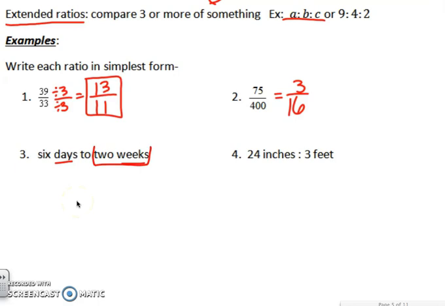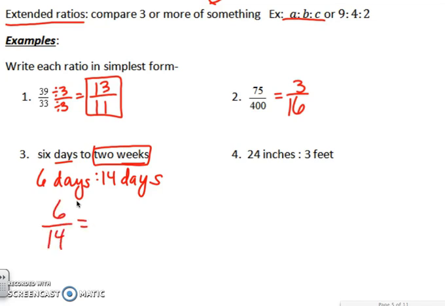We all know that 2 weeks means 14 days. So this has become 6 days to 14 days. When I put that in a fraction, 6 over 14, and divide each one by 2, I would get 3 over 7. So that's the simplest ratio to compare those.